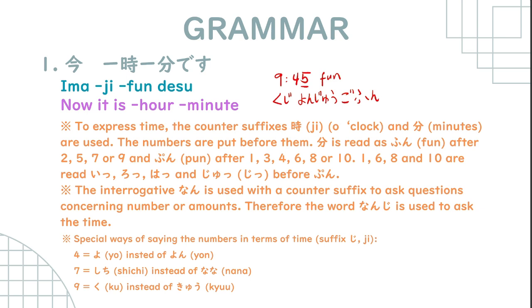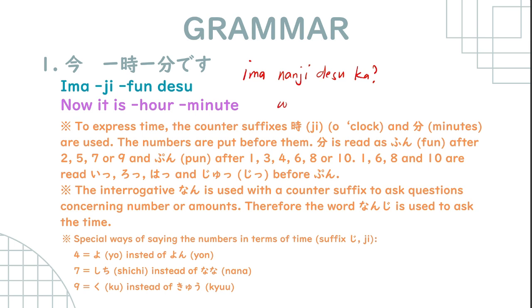And then there is the interrogative. The interrogative nan is used with a counter suffix to ask questions concerning number or amount. So if you want to ask the time right now, you use nanji. Ima nanji desu ka?